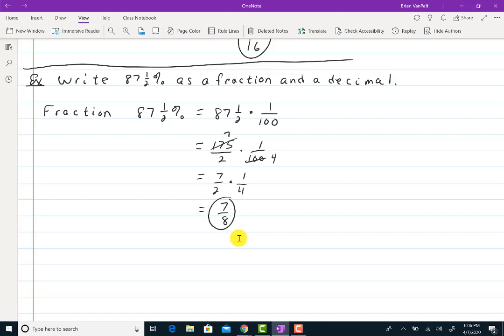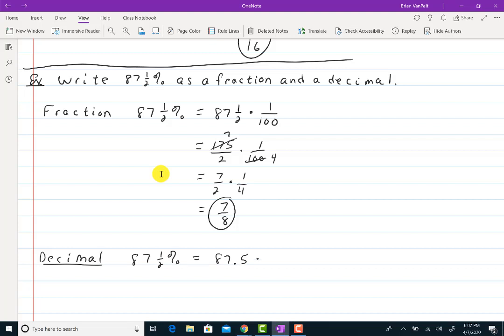Now to convert that to a decimal, I could do long division here, or I could try to change all of this to a decimal. I don't think 1/2 requires a lot of effort on even the weakest type of student. So when I do this 1/2%, I'm going to change the 87.5 to 87.5.